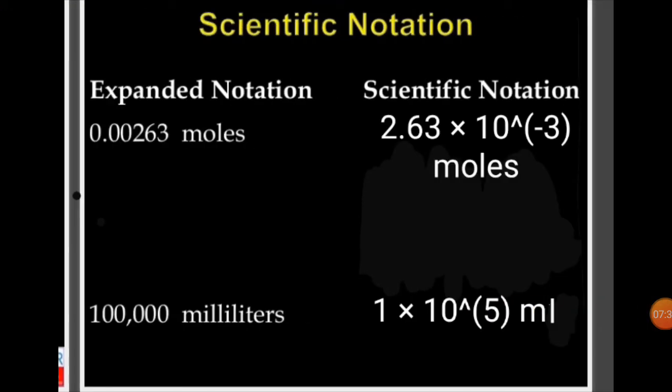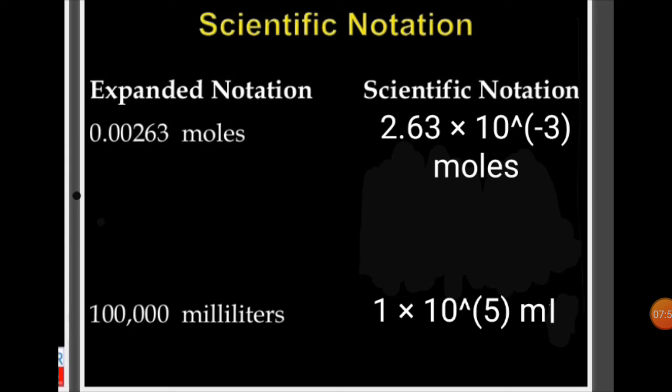Now we will come to the next topic, scientific notation. We have already discussed it in our last class, but here we will take a revision. The expanded notation is 0.00263 moles. When we represent this number in the form of 10 to the power, it is called scientific notation.